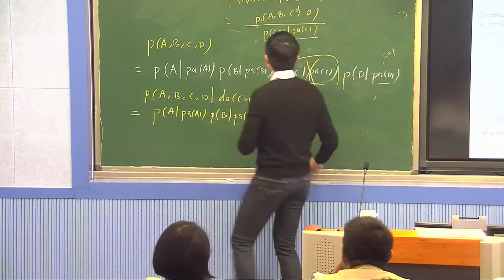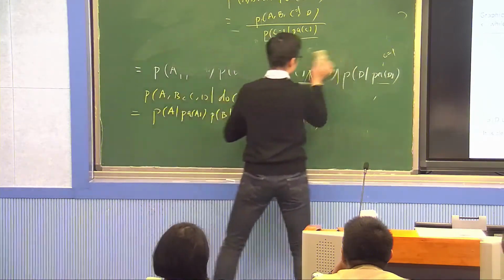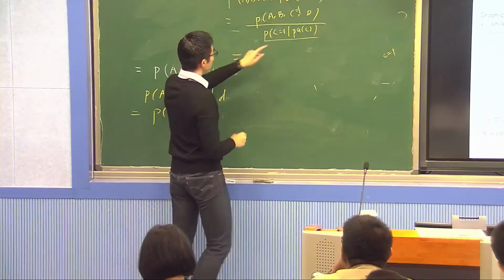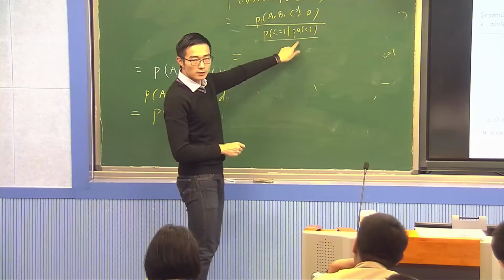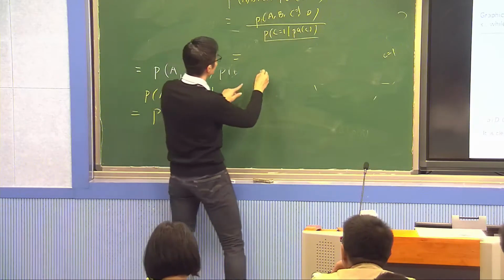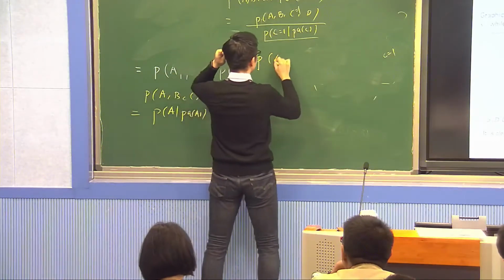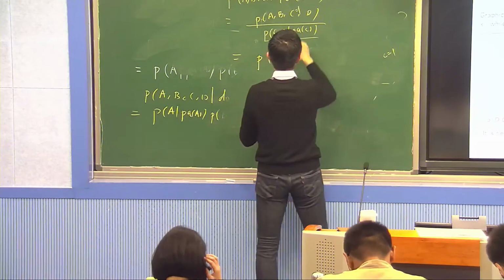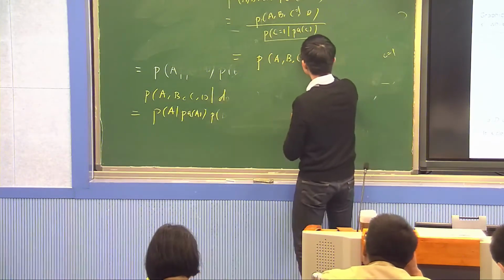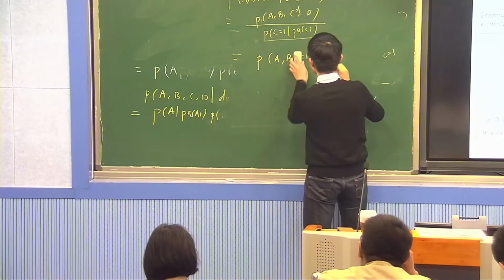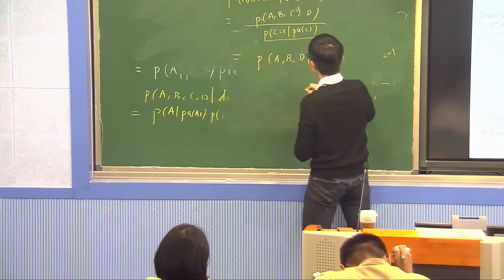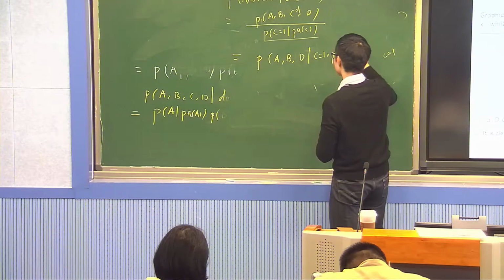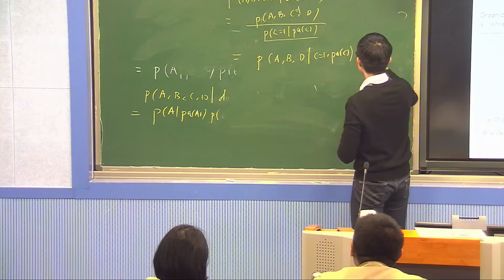Alright? But what is this thing? Bear with me because we're almost there. What is this? Well, it turns out mathematically this is just equal to P(A, B conditional on C equal to 1) and P(A, C) times the probability.